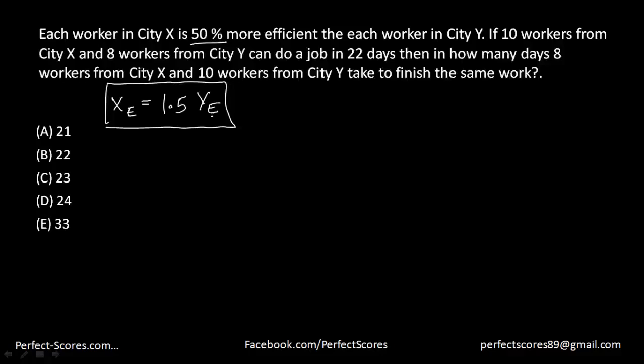Now the question says that if 10 workers from city X and 8 workers from city Y can do a job in 22 days. Now this is in terms of efficiency, which would be the same in terms of rate as well, isn't it? The number of units finished per hour by any city X worker would be 1.5 times the number of units finished by any city Y worker.